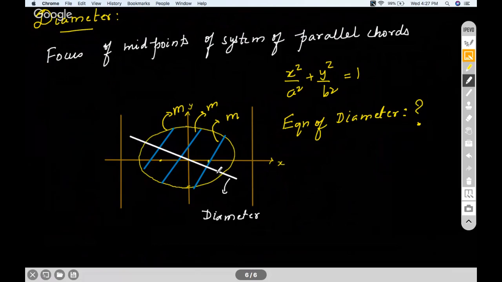We don't have to assume that; that will actually be evident from the equation only.